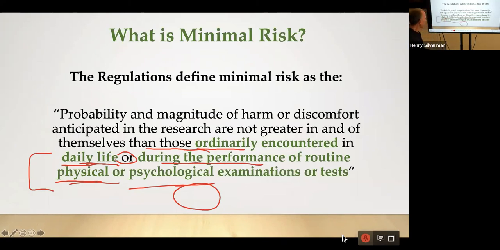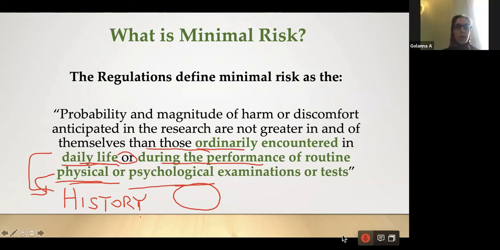And in fact, it says here routine physical or psychological exams. I think something that's being left out of this definition is a history. A routine history. What kind of questions do we ask on a routine history? We ask what surgeries they had or what medications they used to take.